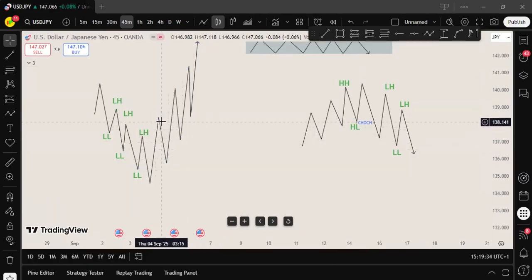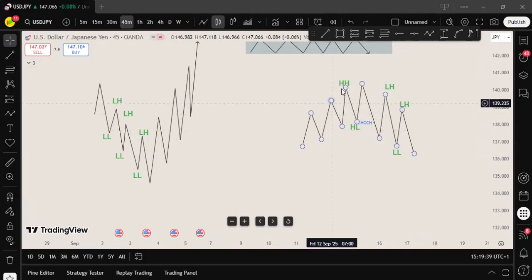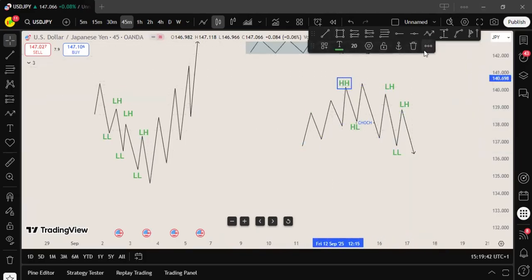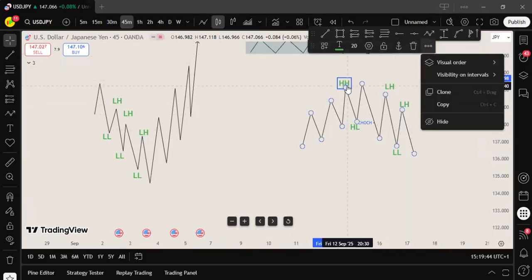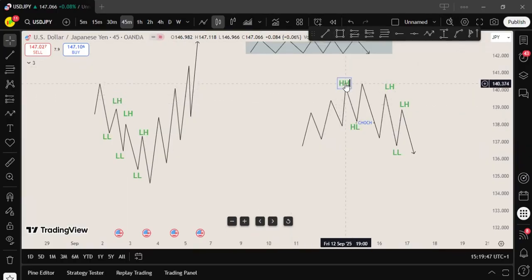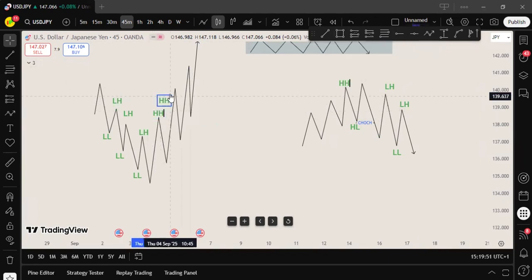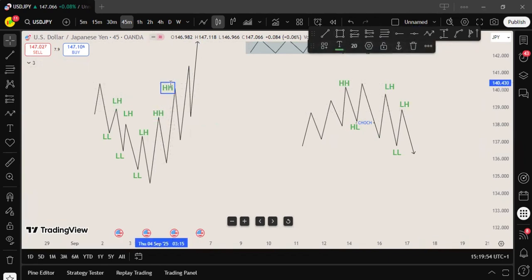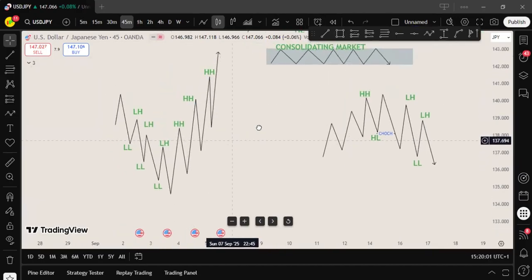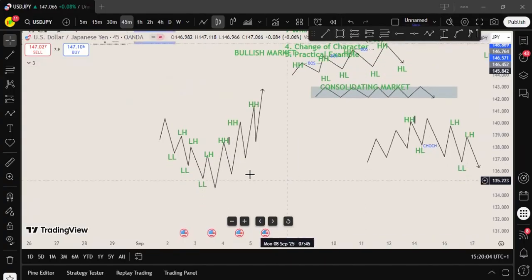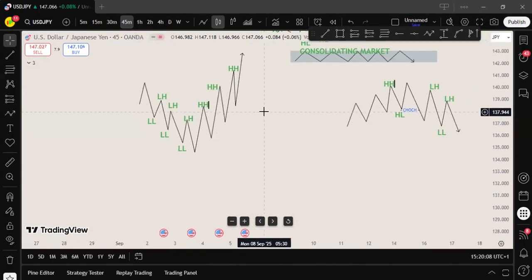Then all of a sudden, instead of creating a lower high, the market created a higher high. Then the market changed from a bearish trend to a bullish trend.